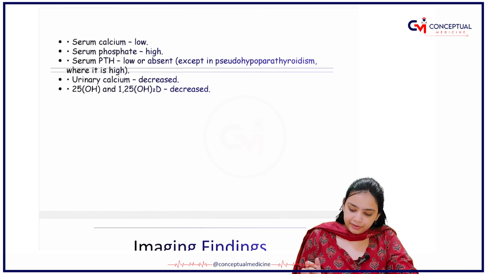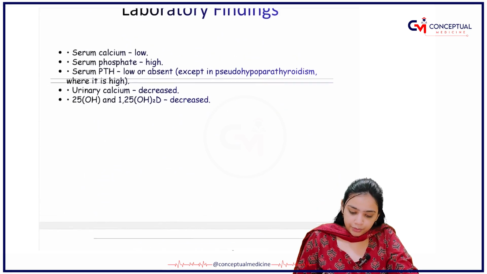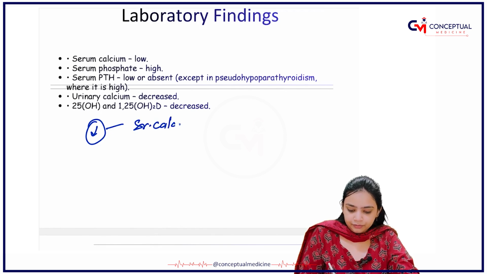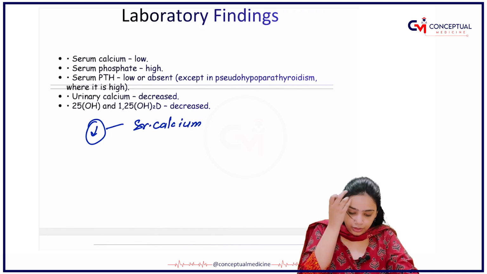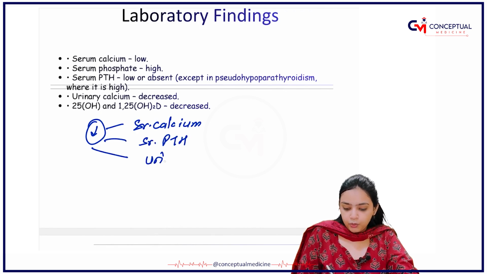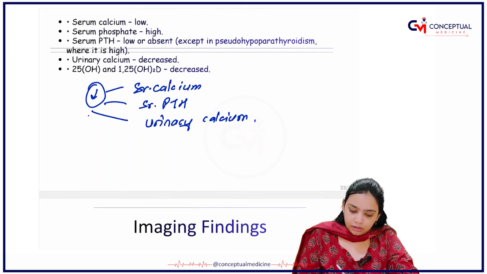What are the laboratory findings? Now I will find the odd one out. There is decreased level of your serum calcium, decreased level of your serum parathyroid hormone and decreased level of your urinary calcium. Increased level of what?